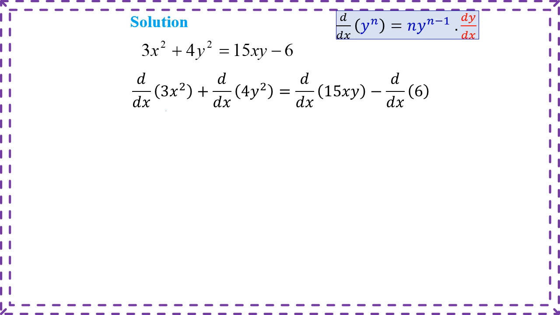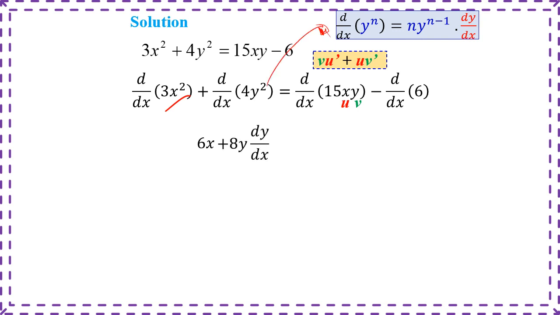Differentiate 3x squared directly, applying the basic rule, we get 6x. And then differentiate 4y squared, we apply the implicit formula, we get 8y dy dx. On the right side we have 15xy. 15 is just a coefficient, so we can take it out. For xy, we need to apply the product rule.